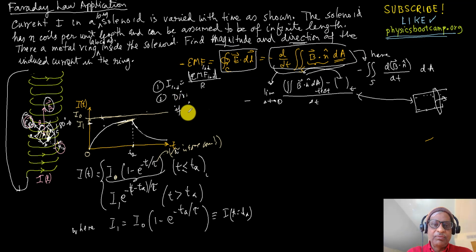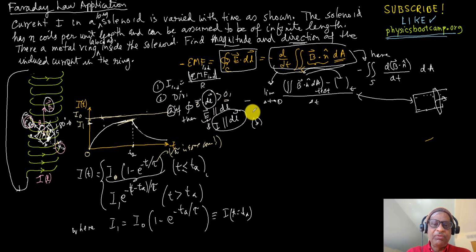So if E dot dl is greater than 0, then E is parallel to dl, and E is the direction in which the current will flow. Current will be parallel to the direction of dl. So that's one way.